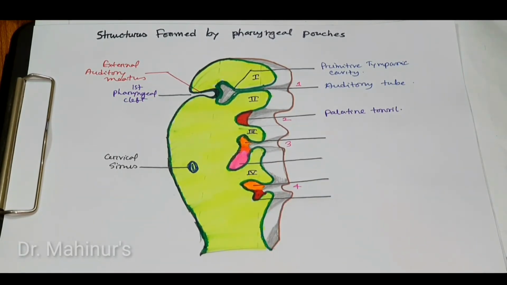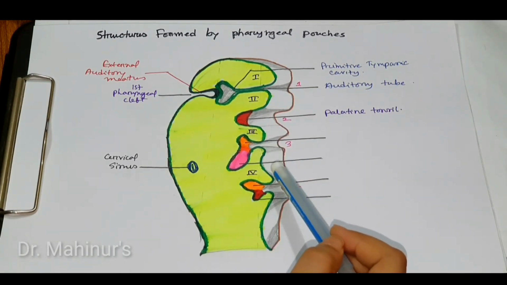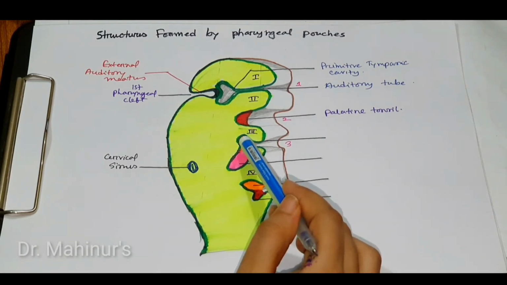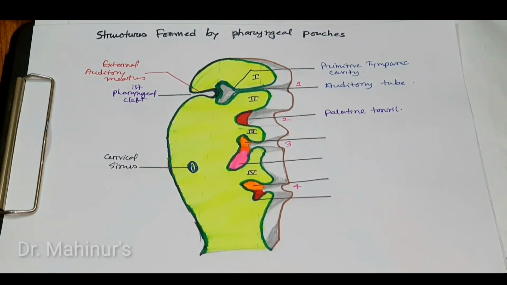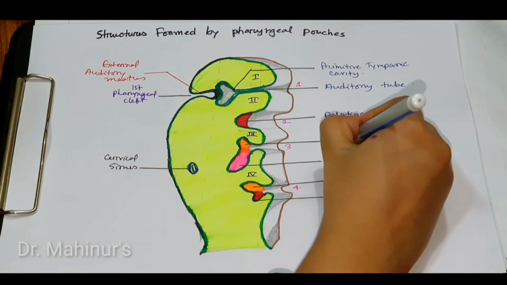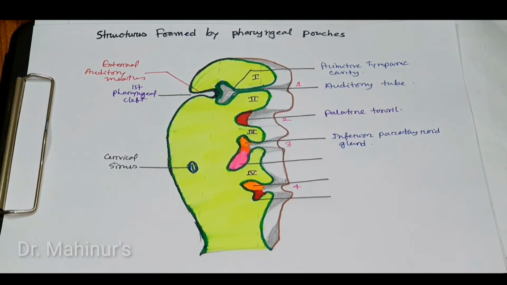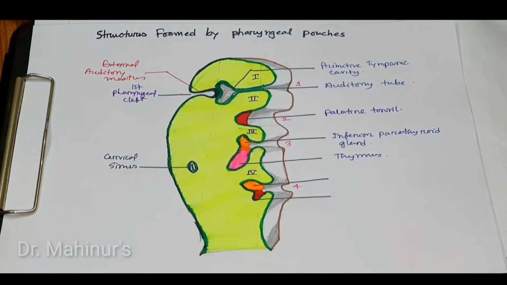The third and fourth pouches are characterized at their distal extremity by a dorsal and ventral wing. The epithelium of the dorsal wing of the third pouch differentiates into the inferior parathyroid gland, while the ventral wing forms the thymus.